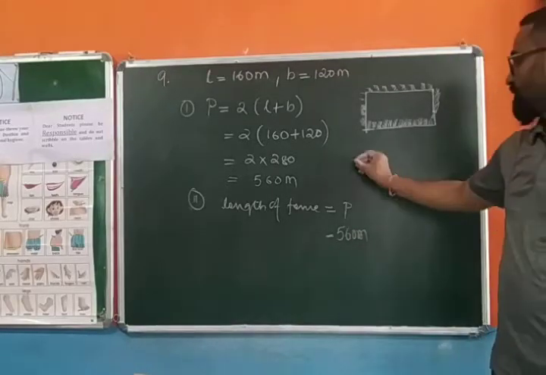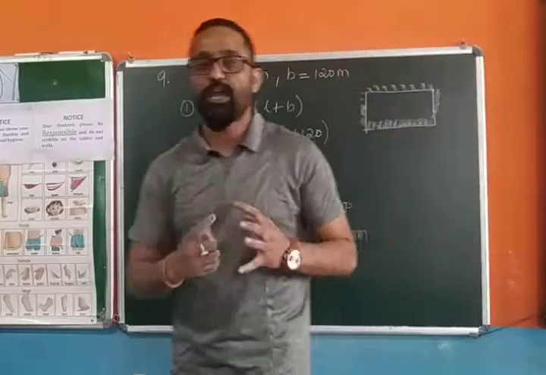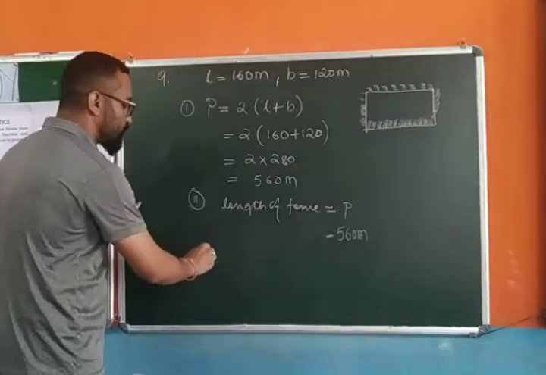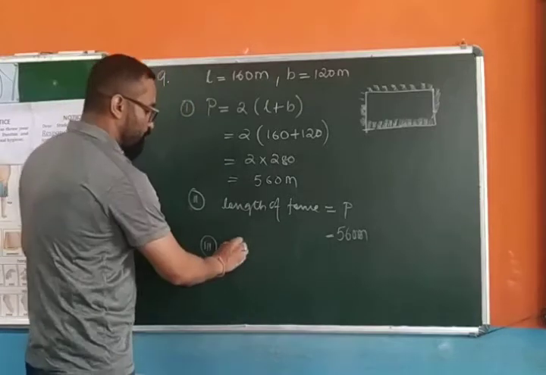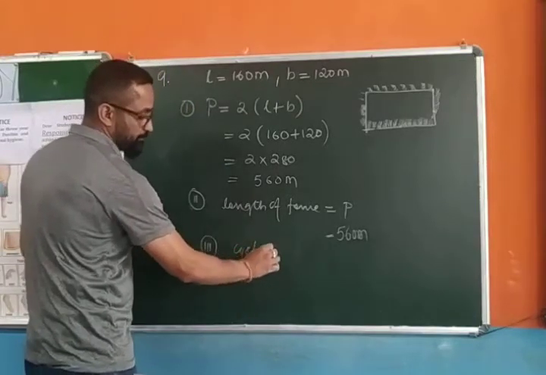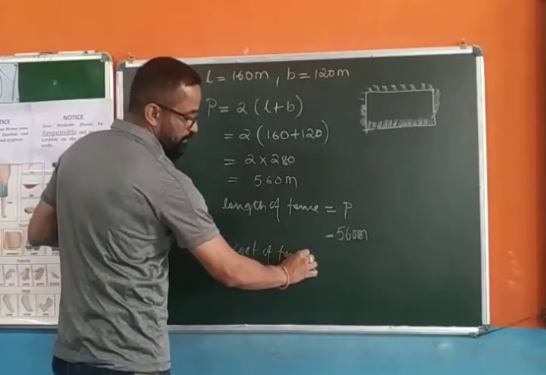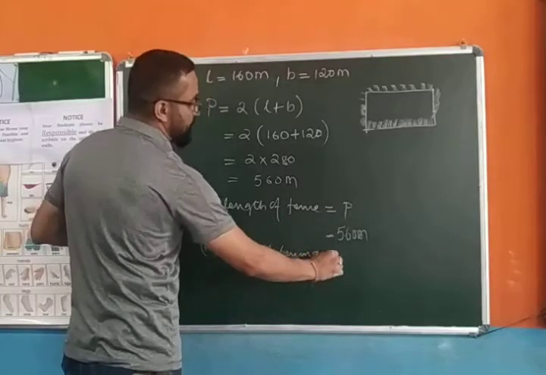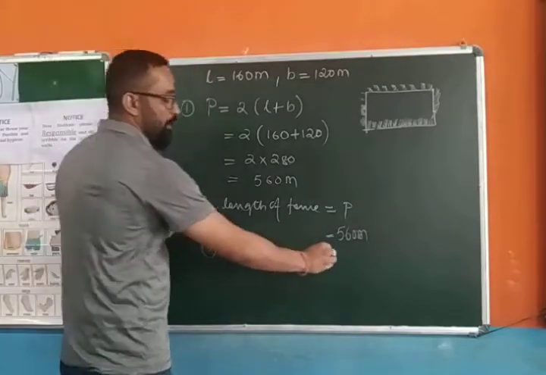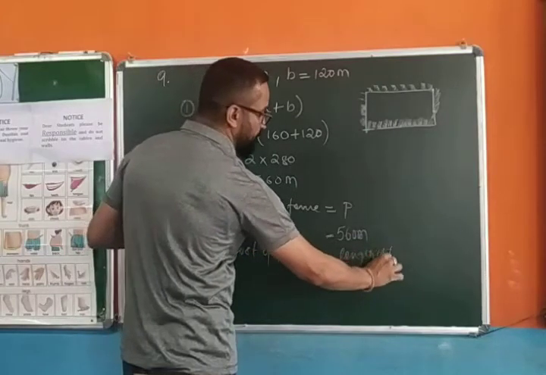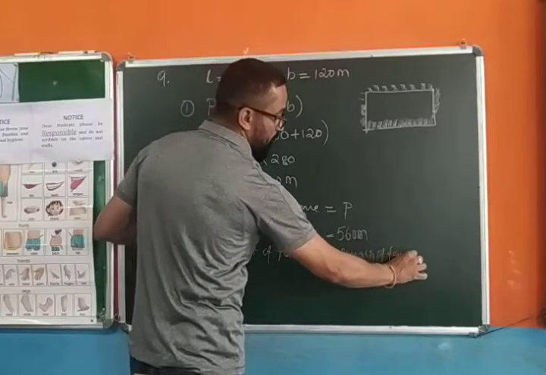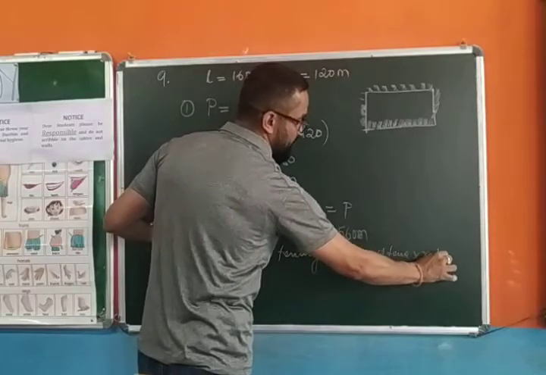Third part, question tells you to calculate the cost of fencing. Cost of fencing is equal to, use the simple step, length of fence multiplied by rate.